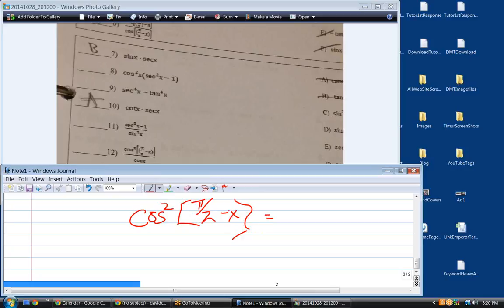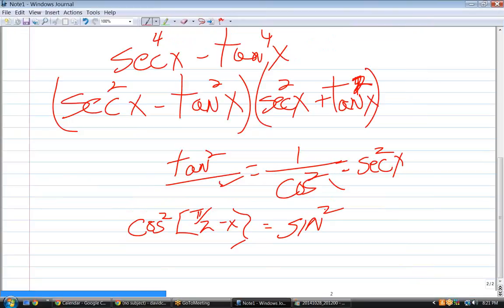Every cofunction shares this property. What's the cofunction of cosine? Secant. No, not the reciprocal, the cofunction. Sine. Cofunctions merely mean you take that and stick a co in front of it. In other words, cotangent is the cofunction of tangent, cosecant is the cofunction of secant, and cosine is the cofunction of sine.